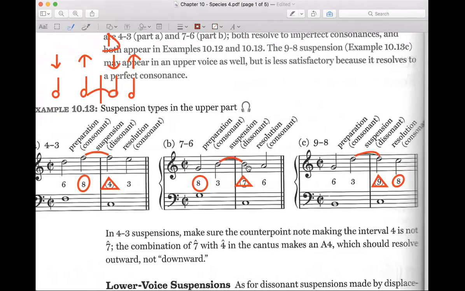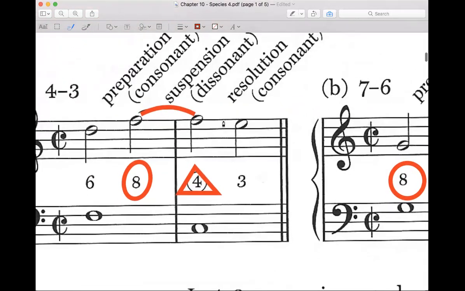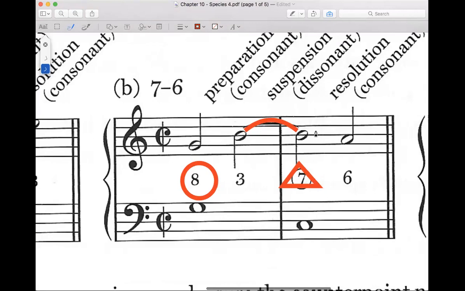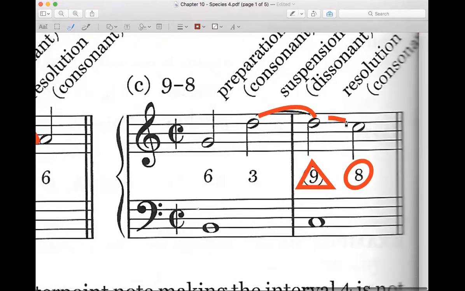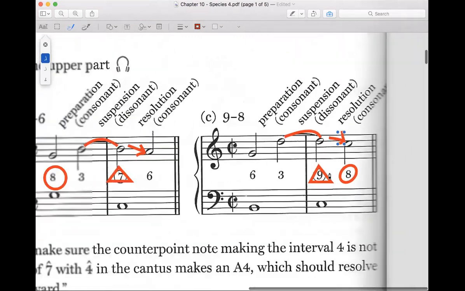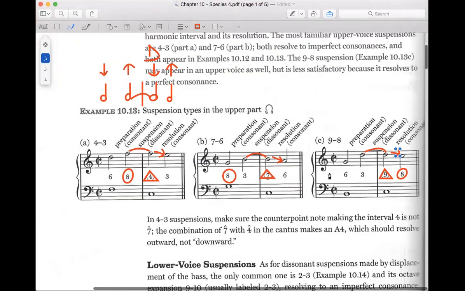In example B, again, we have a voice that descends from the dissonance. In example C, again, we have a voice that descends. Not only does it descend, it descends by step. So this is stepwise motion moving downwards in all of these cases. My friends, these are the rules of a suspension.